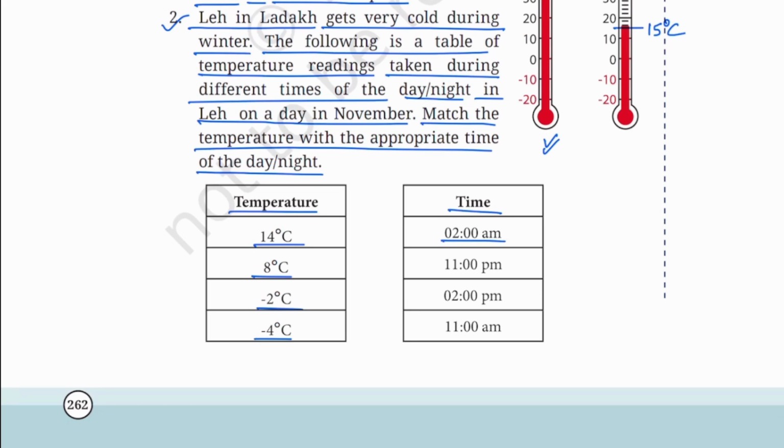Time: 2 am, 11 pm, 2 pm and 11 am. 2 pm, that is in the afternoon, temperature will be maximum. 11 am, that is just before noon, the temperature will be more. Temperature will be minimum after midnight, that is 2 am, and moderate just before midnight, that is 11 pm.